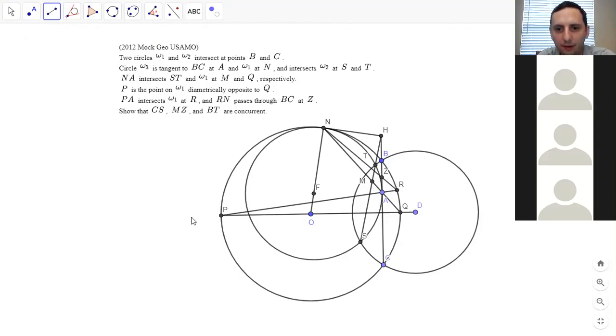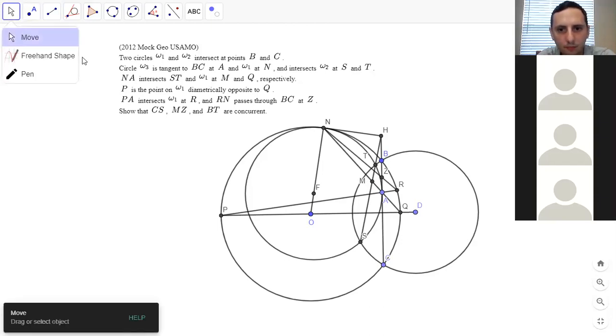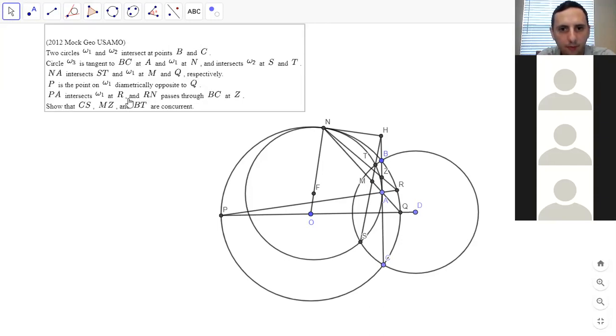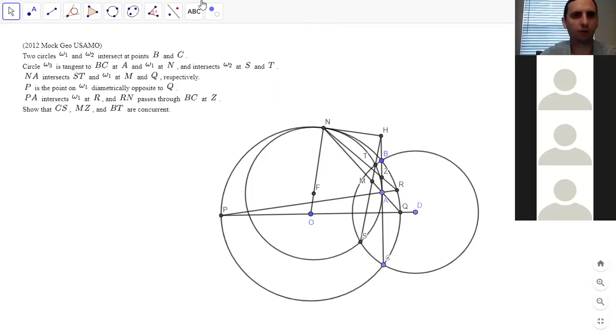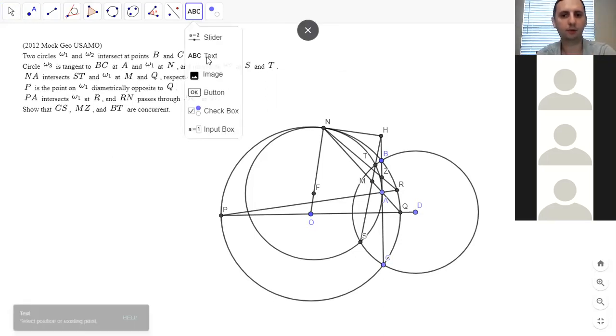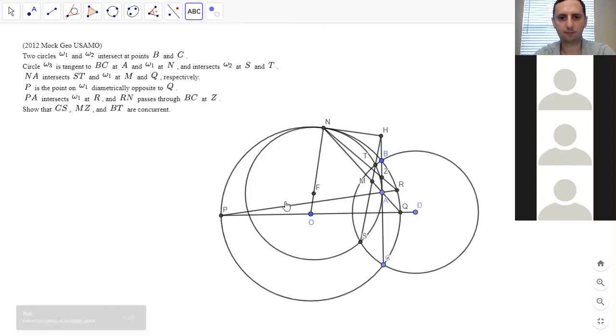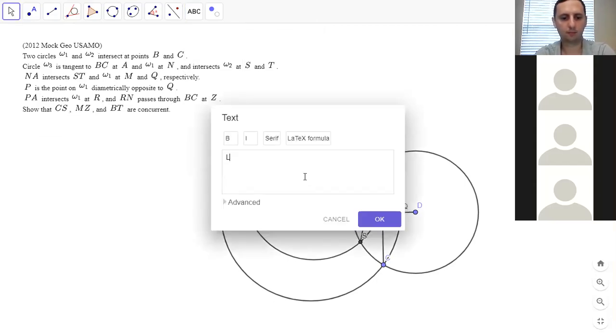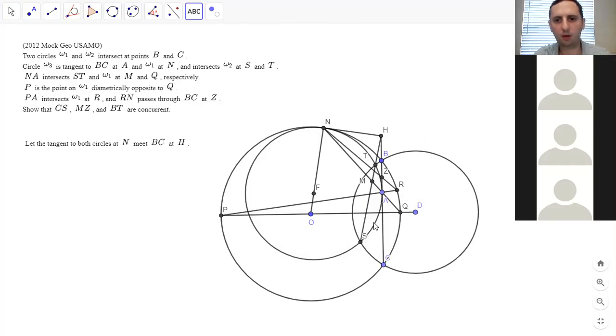Interesting. Okay, so let's write it out. Let the tangent to both circles at N meet BC at H. And now we can apply the radical axis theorem.